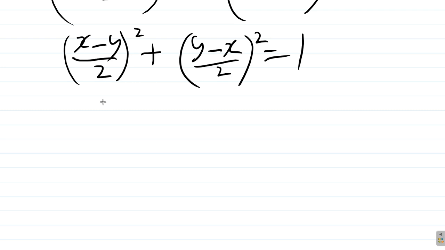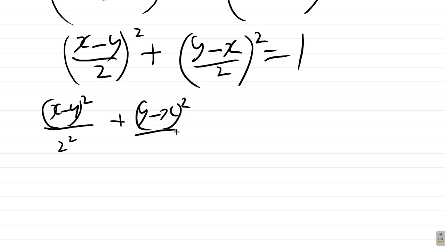So what will happen here now? This will amount to (x minus y) squared over 2 squared plus (y minus x) squared over 2 squared equals 1.